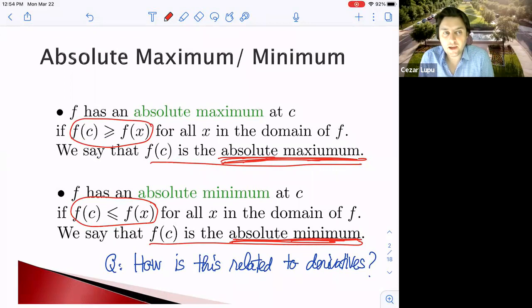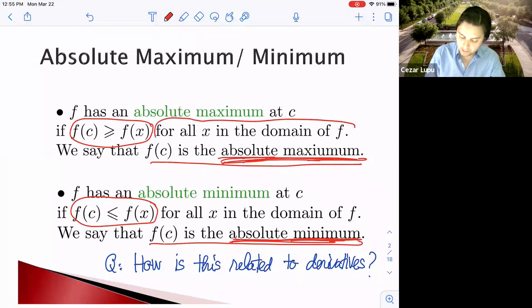So you see, again, when we talk about absolute maximum and absolute minimum, and also when we talk about relative min and relative max, the same thing happens. But in the case of absolute max or min, those two inequalities hold for all x in the domain of f. I want to make this clear: for all x in the domain of f.